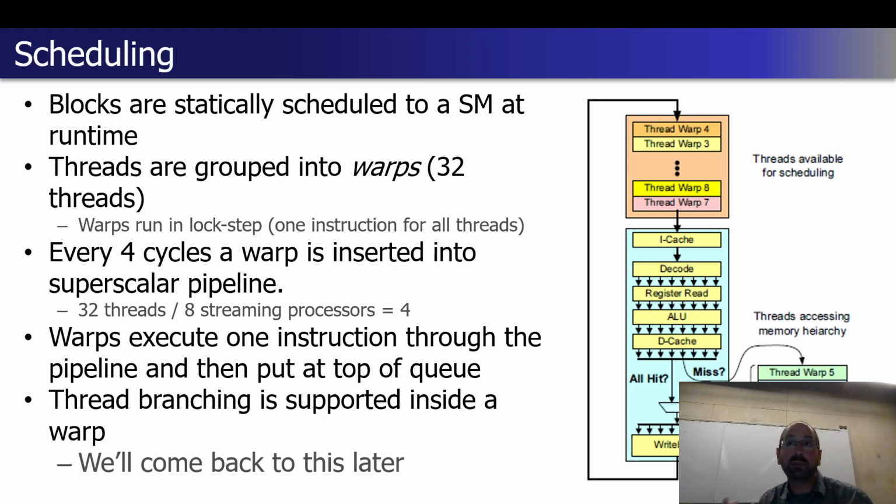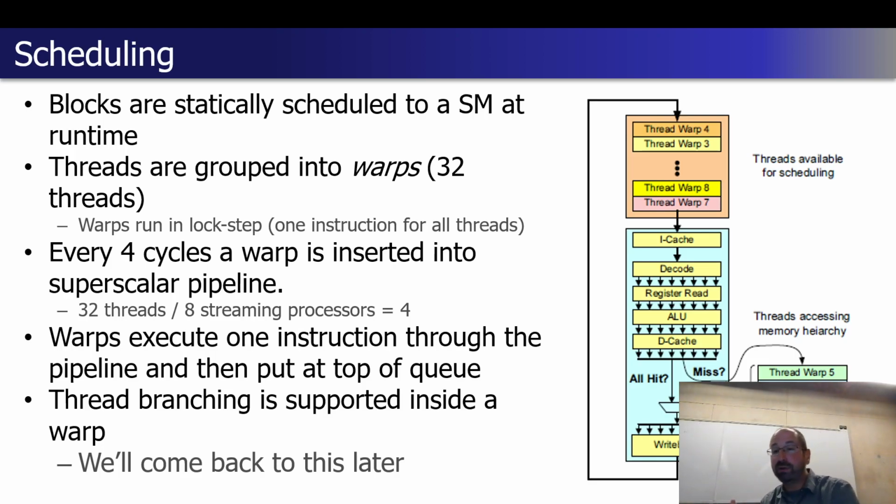Because otherwise, we can no longer have this single kind of arrow here. We need everyone in that warp at least to be on the same exact program counter. And that's what I'm referring to when I mentioned thread branching is supported inside a warp, but it's a lot less efficient than one would think. The term that people use, at least in the academic community, is warp divergence.